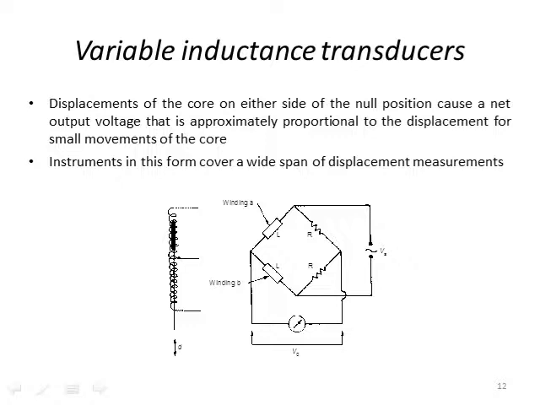And essentially how this operates is when you have your core in a particular position, you tune the output voltage to be 0, and then when you get a finite movement of that core, then you get an offset, and you're going to generate an output voltage that's proportional to the displacement.